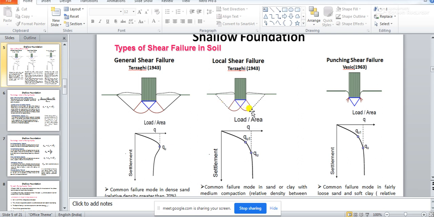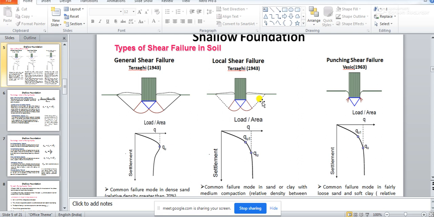The third zone, zone 3, is almost absent in local shear failure, and the bulging is not happening that way. So you now understand that general shear failure will happen in dense sand having relative density more than 70%, and if the relative density is between 35% and 70%, you can expect the soil to fail by local shear failure.